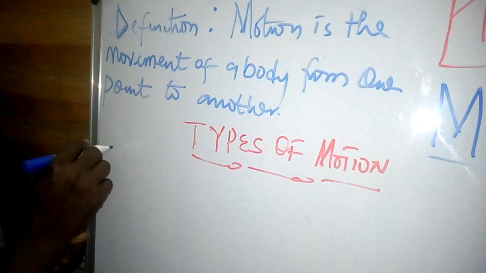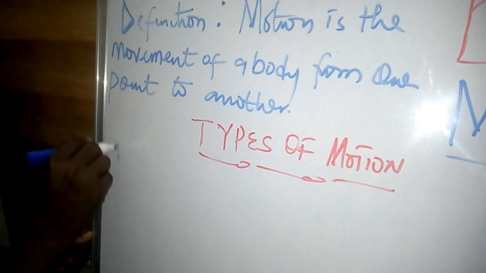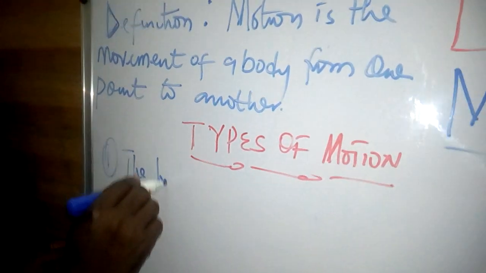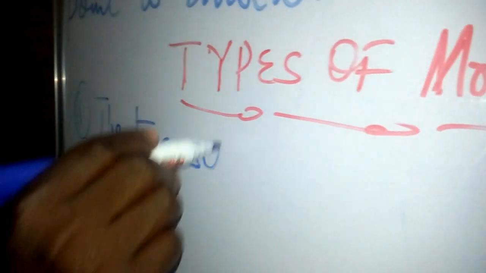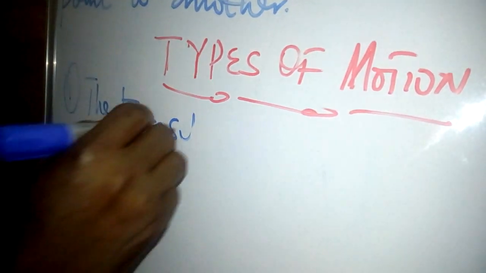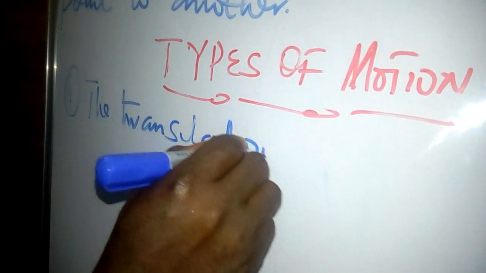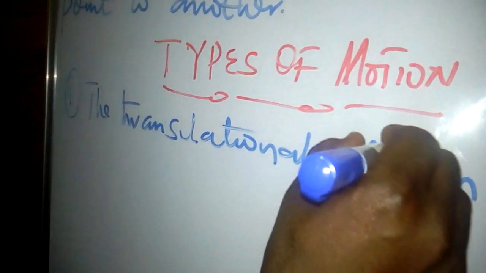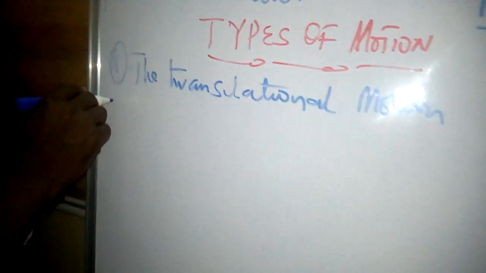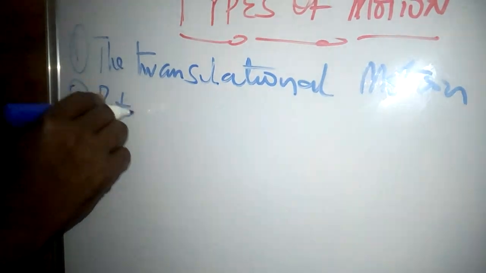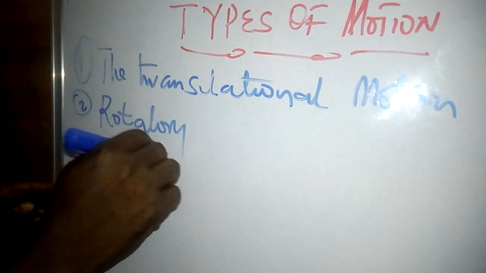For example, we have one, the translational motion. Then we have two, the rotatory motion.